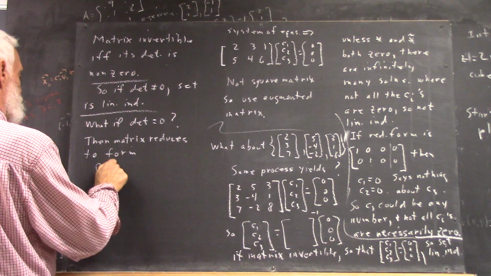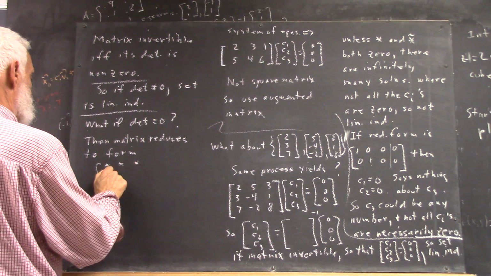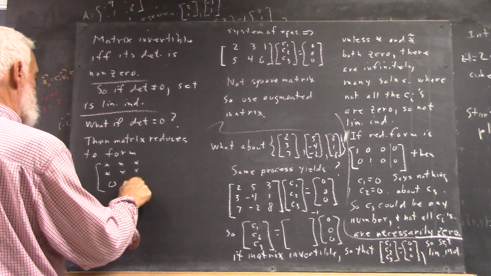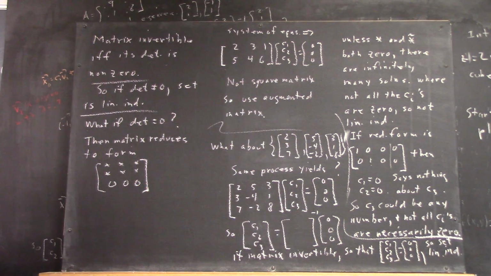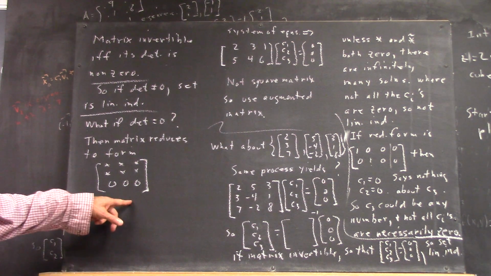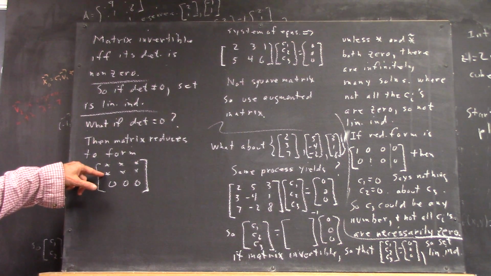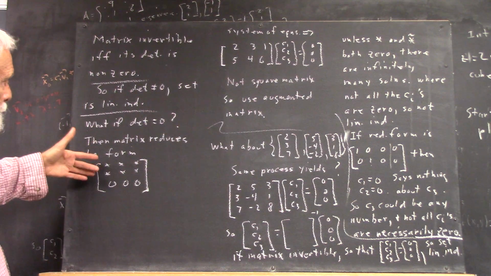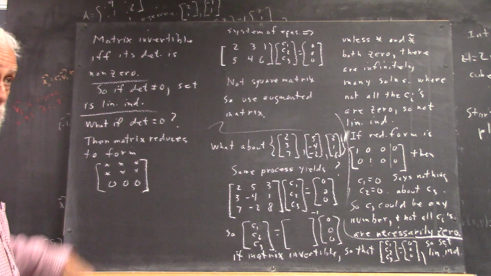And I'll just indicate that form with some form with a row of zeros. Now you might have a 1 here, and a 0 here, and a 0 here, and a 1 here. Okay? It might come down to that, but you know, these could be anything, 0 or not.